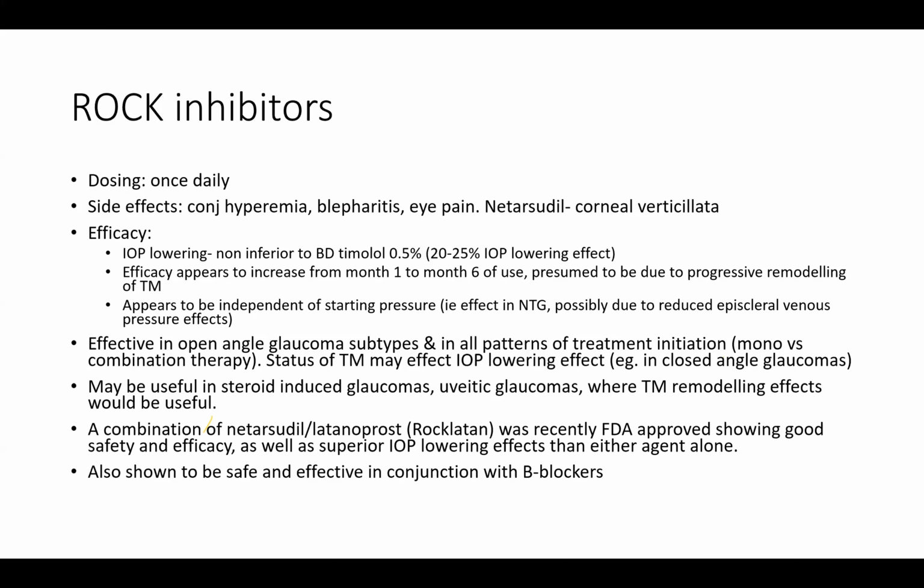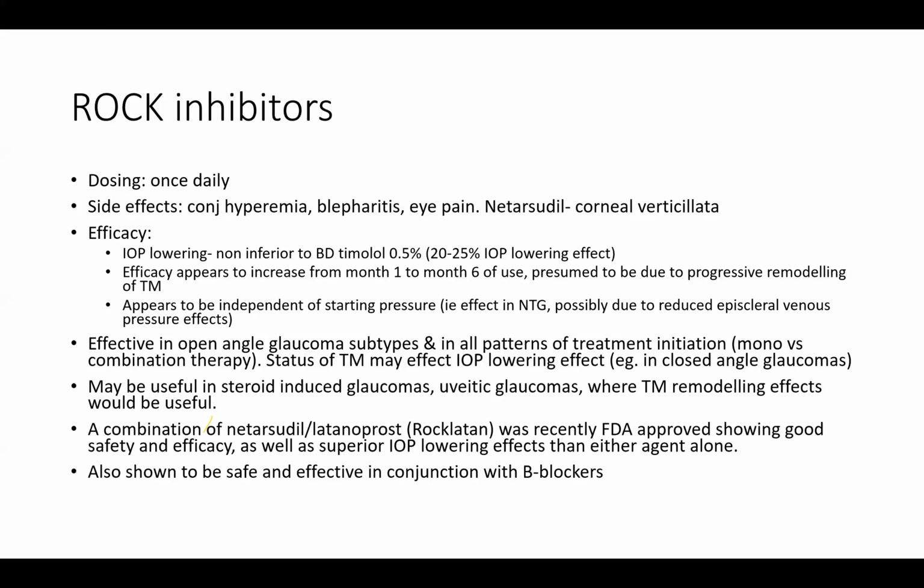It appears the IOP lowering effect is independent of the starting pressure. So probably an effective agent in normal tension glaucoma because you can modulate the episcleral venous pressure. It's effective in the open angle glaucoma subtypes and in all patterns of treatment initiation.